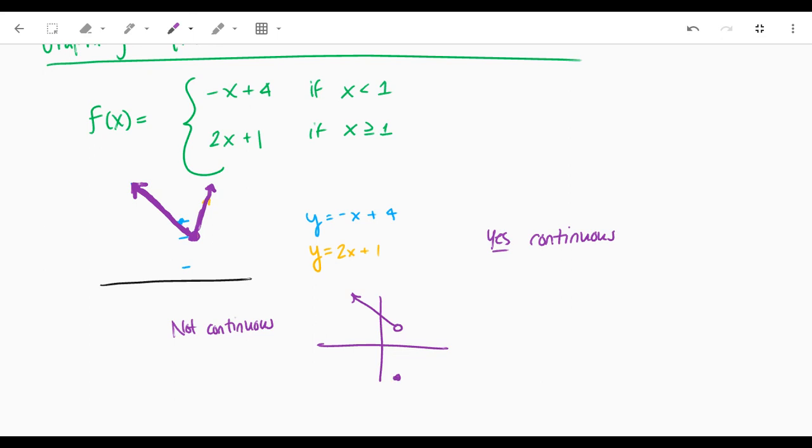So maybe something like that. That one would not be continuous because I can't trace the whole graph without picking up my pencil. And also really make sure that you pay attention: this one would be an open circle, this one would be a closed circle, because of the only less than sign in the first one, but the greater than or equal to sign in the second one.